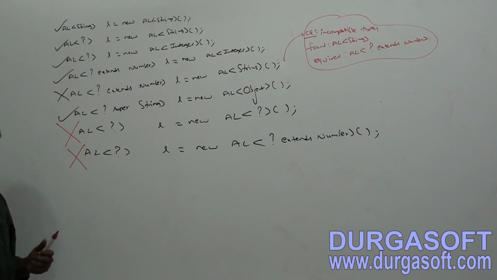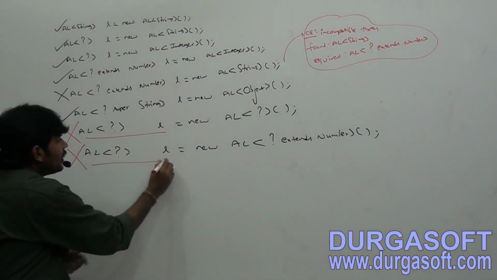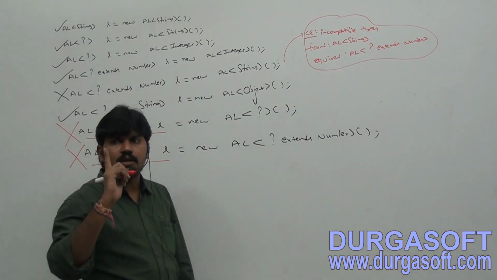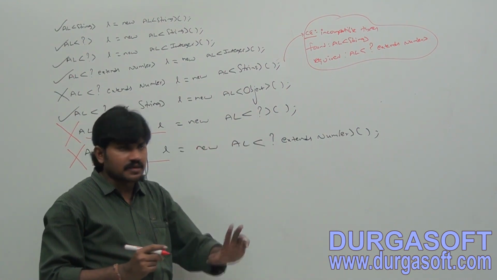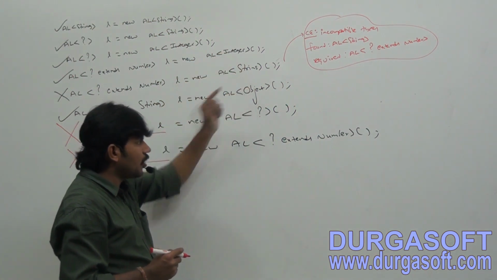Because we can use a question mark symbol only in the declaration part. On the right hand side, compulsorily we should specify a class or interface without any boundary, like String, Integer, Object.